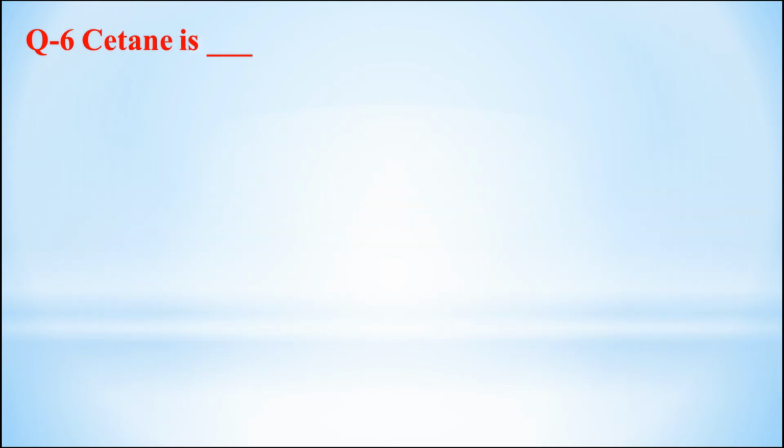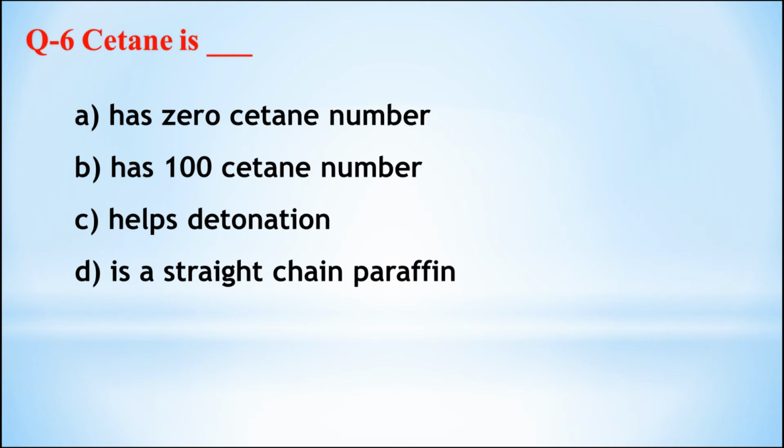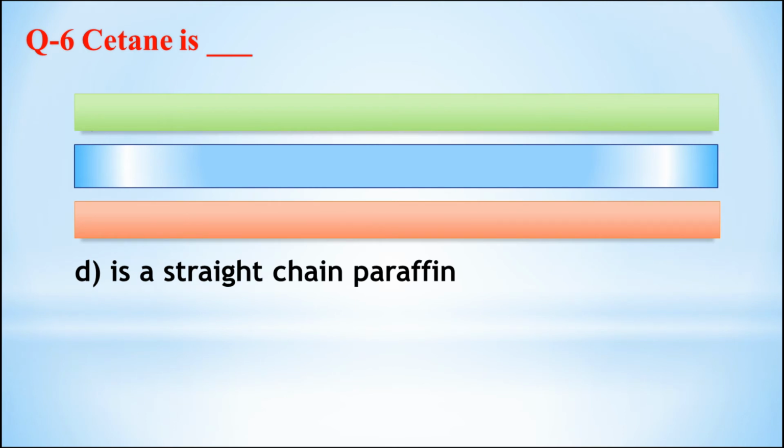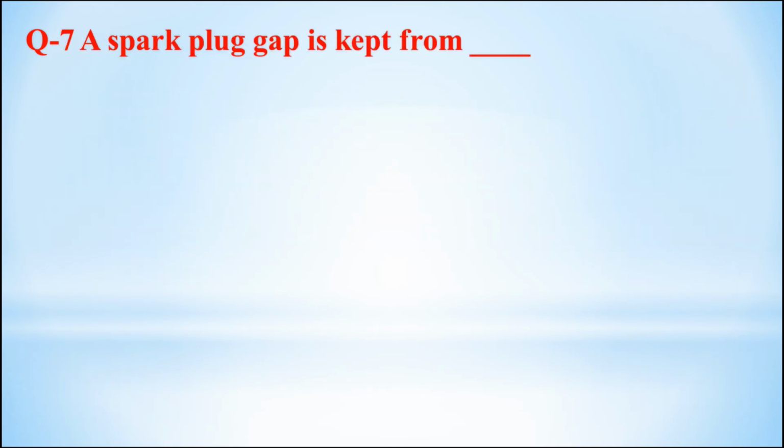Question number 6. Cetane: option A, has a 0 cetane number; option B, has a 100 cetane number; option C, helps detonation; option D, is a straight chain paraffin. We know that cetane is a straight chain paraffin. So the right answer is option D. Question number 7.